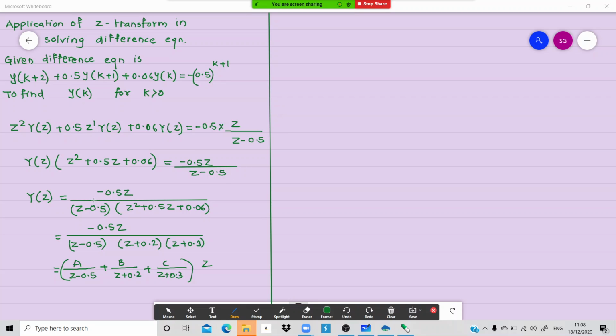Yeah. So now for this expression, we'll solve this and we'll write minus 0.5 is equal to A into these two factors. So it will be z square plus 0.5 z plus 0.06, right? Then for B, it will be z square minus 0.2 z minus 0.15. I am just multiplying these two things.